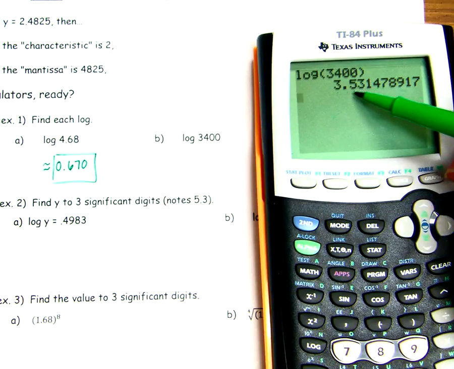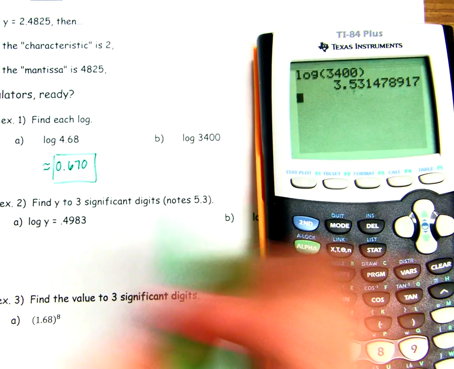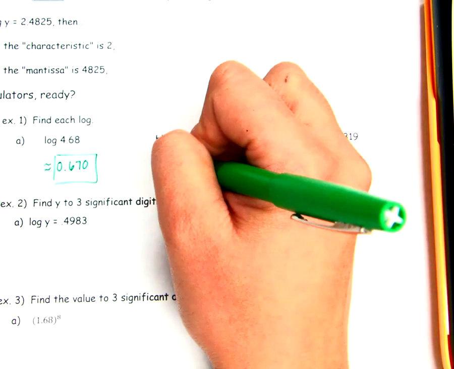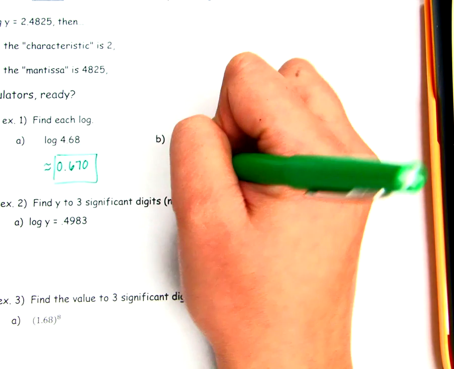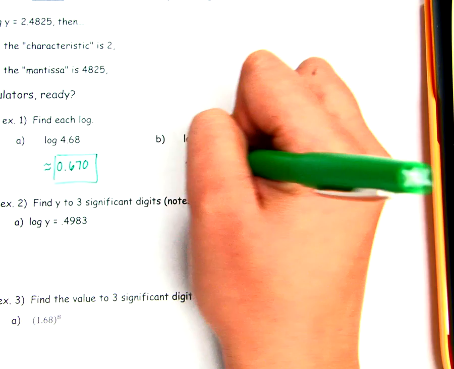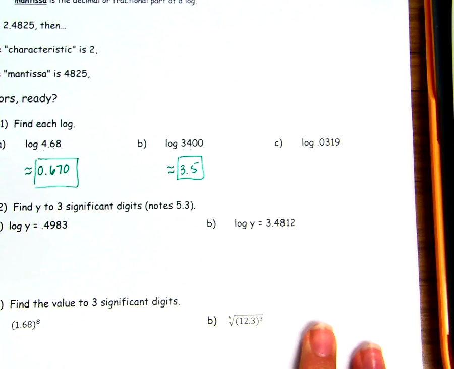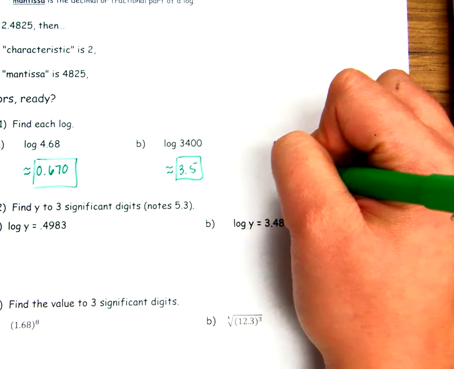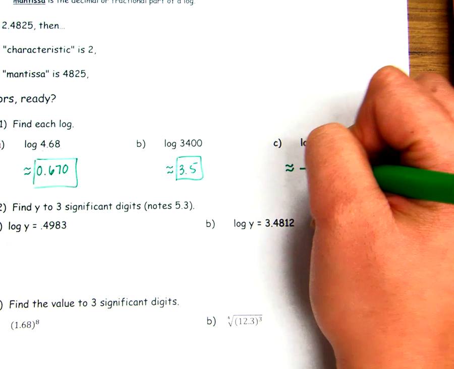In this case, the 3 is not going to change it, so it's just going to be 3.5, rounded once again to 2 significant figures. And if you do the same, as I suggest that you do, you end up getting negative 1.50.